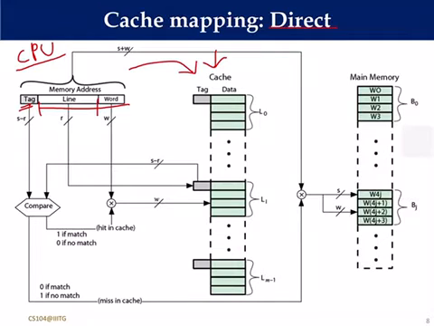Now, as you know, every line or every block contains multiple words. We have already seen this, and it is also present in this diagram.